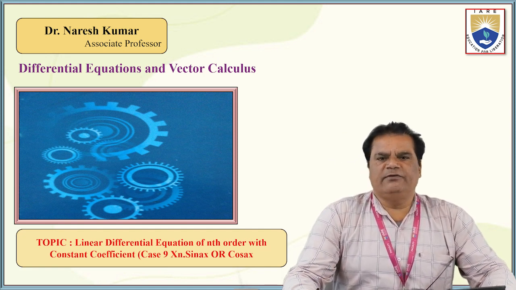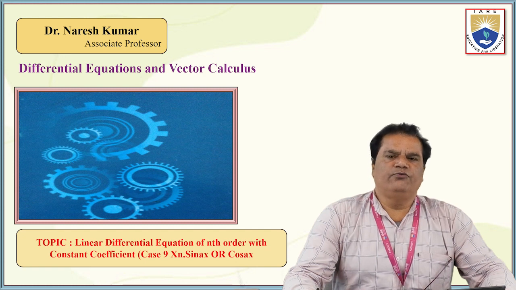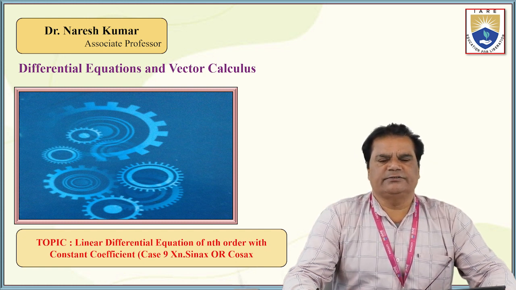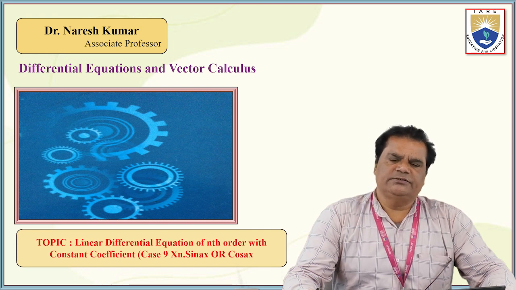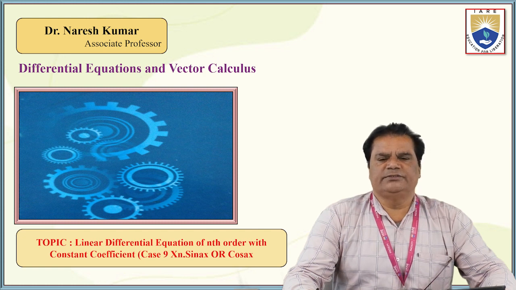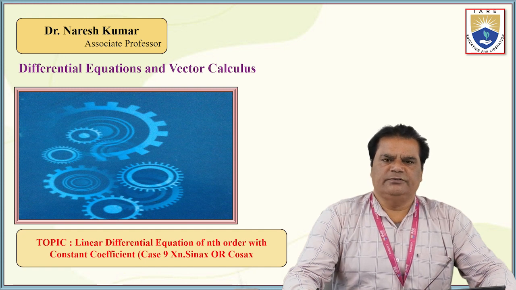But in the trigonometrical function, only two functions are allowed, sin ax and cos ax. No other functions are allowed here: tan ax, cosec ax, cot ax and sec ax are not allowed with the algebraic function.